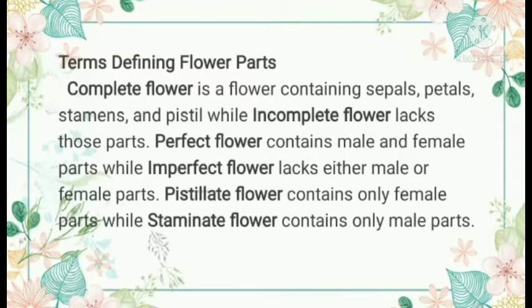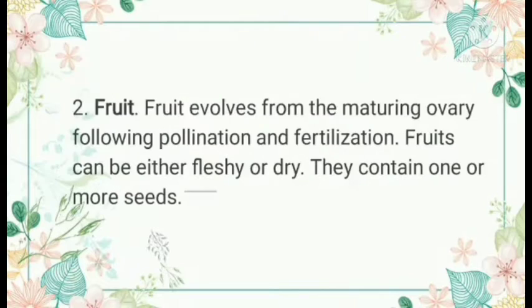A perfect flower contains both male and female parts, while an imperfect flower lacks either male or female parts. Pistillate flower contains only female parts, while staminate flower contains only male parts.